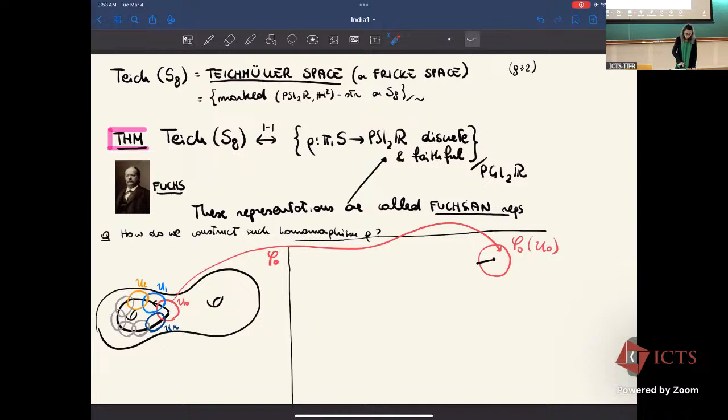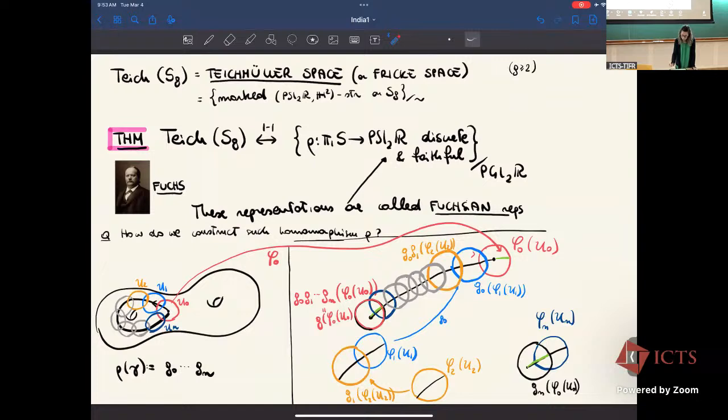The way that you construct this homomorphism from the definition that we gave before is you cover your loop with nice charts, and then you reconstruct the path back in your space X. So you have the first chart and you have the second, and you map it back. And so this holonomy tells you the relation between one chart and its image. And so the element that you associate in G, in PSL2R, is really the element that connects these two endpoints.